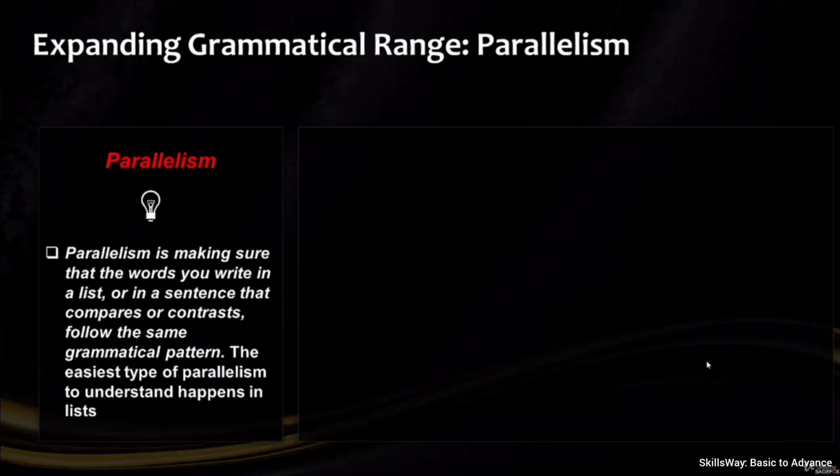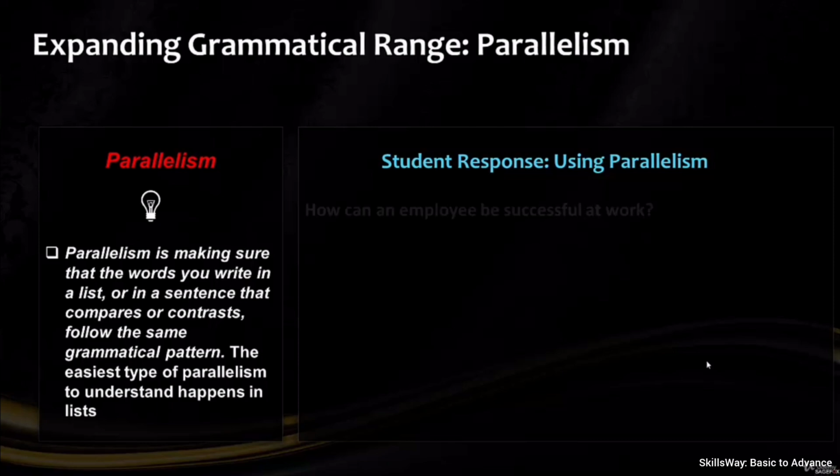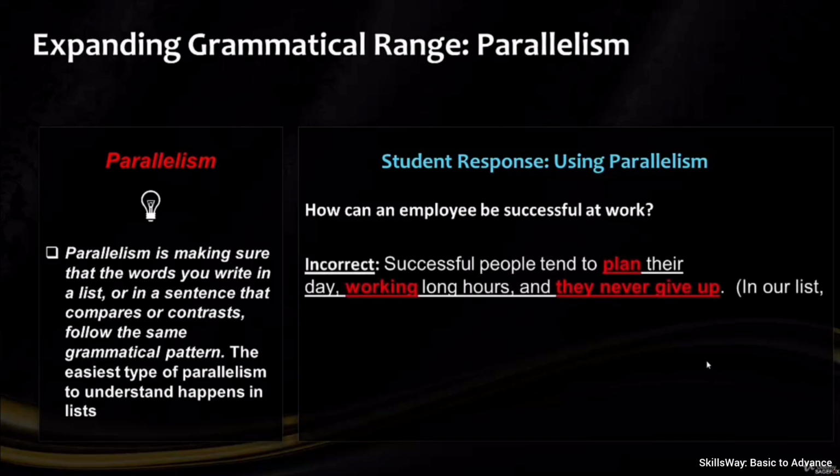Parallelism. There's the definition of parallelism on the left. All right, here are some student responses using parallelism so you can understand what I'm talking about. How can an employee be successful at work? Incorrect: Successful people tend to plan their day, working long hours, and they never give up.